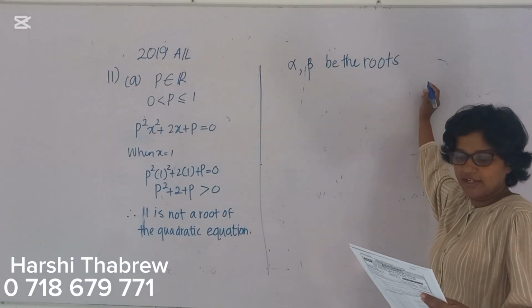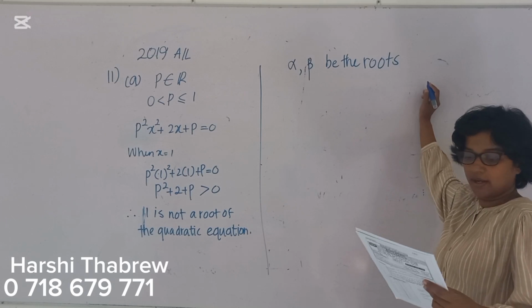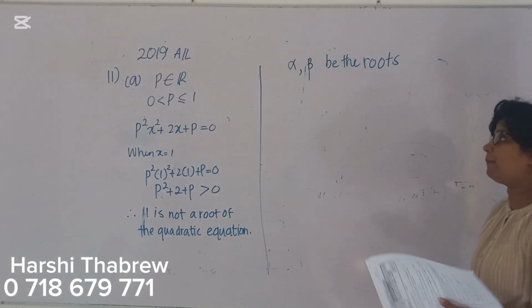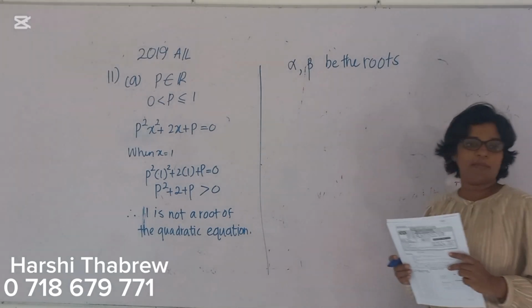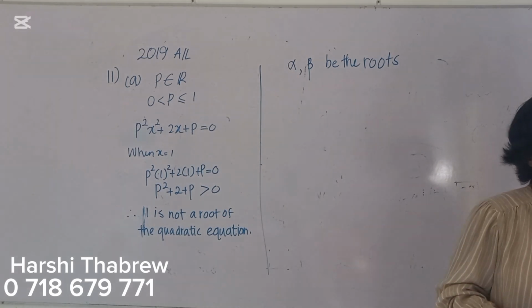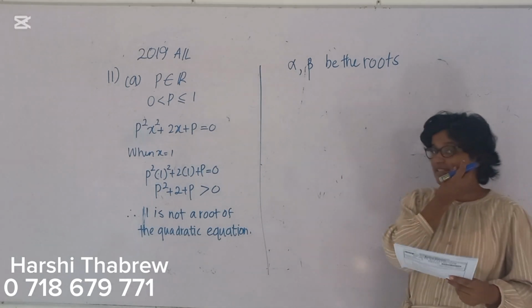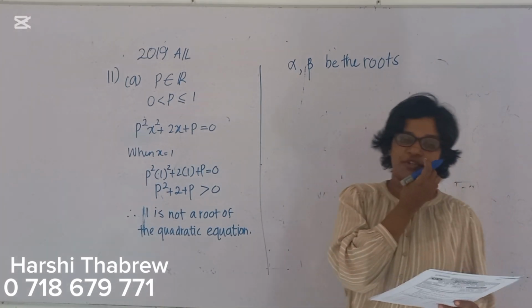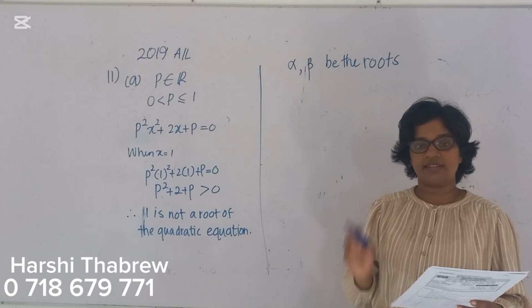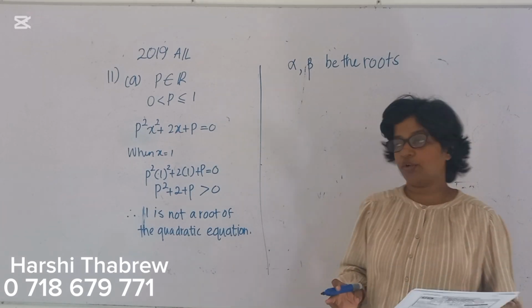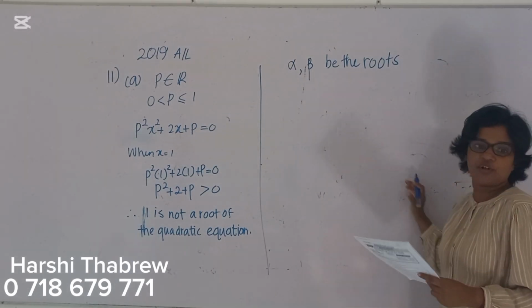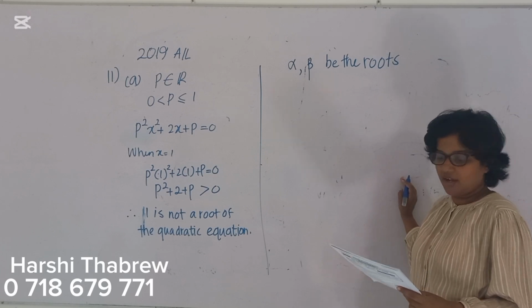What should happen if alpha and beta are both real? The discriminant of the quadratic equation should be greater than or equal to 0 if the two roots of the quadratic equation are real.